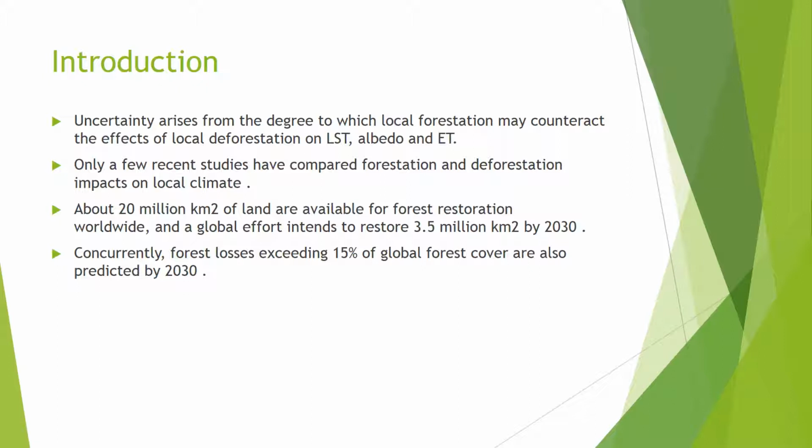As you know, 40% of Earth's terrestrial surface was covered with extensive forestry, but it was decreasing throughout this time, and because of this the temperature has been increasing, and as we all know, there is a major disaster ongoing because of it. So there are two terms which I have to mention in this slideshow, which are LST and ET.